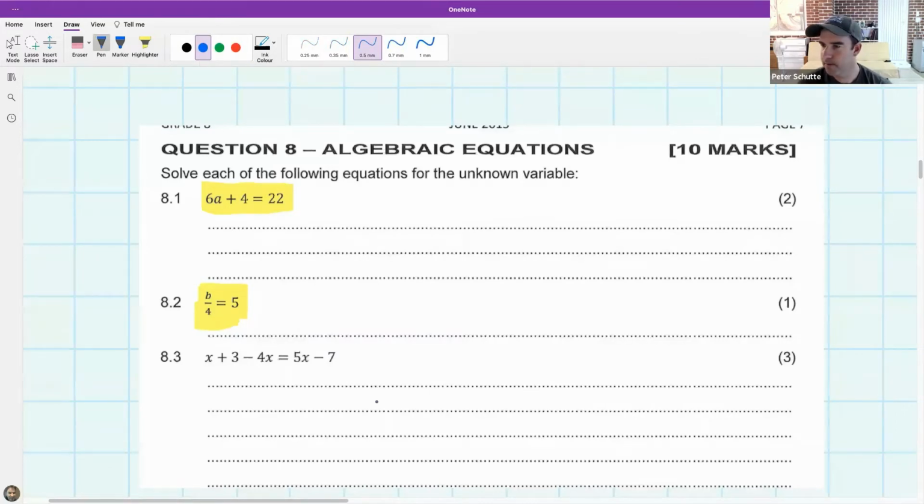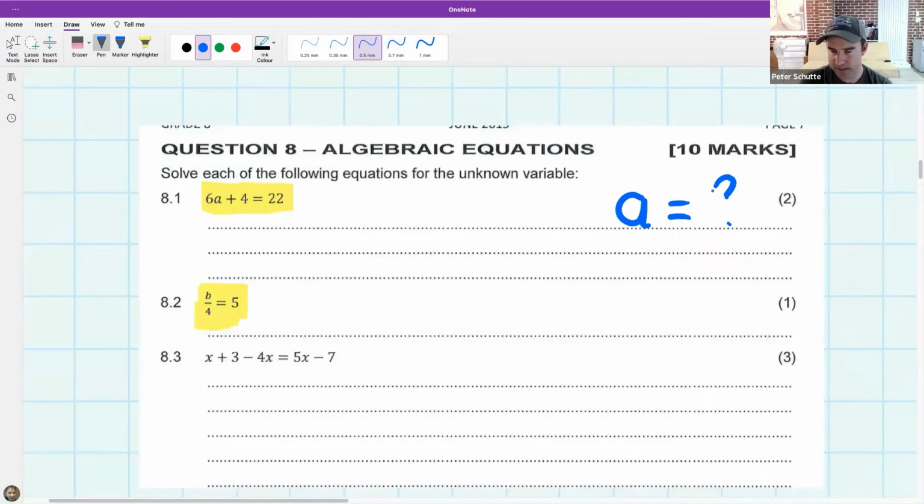I don't understand the question 8.1. Okay. So let me try and explain it, and then we'll have a conversation. In 8.1, it's saying here is an equation, and it's 6a plus 4 is 22. And you have to solve the equation for the unknown variable. In this case, we're trying to get to the point where we say a is equal to something.